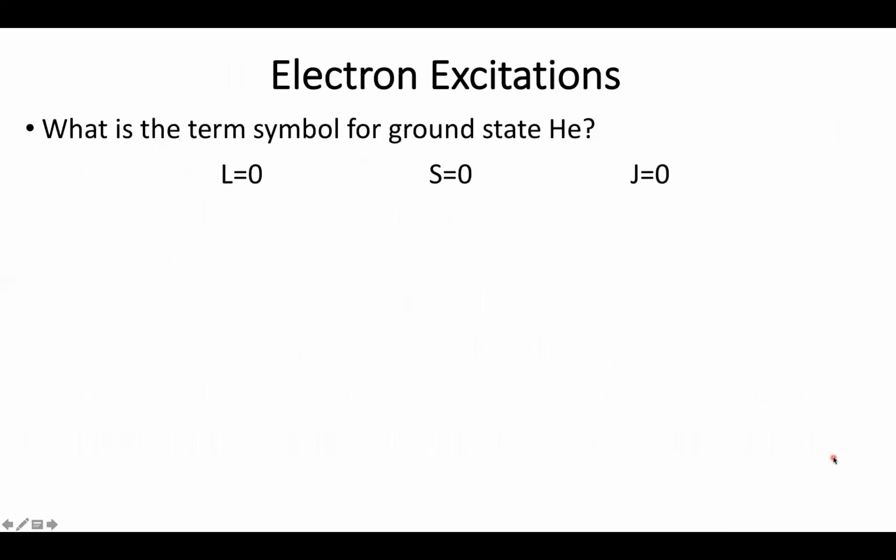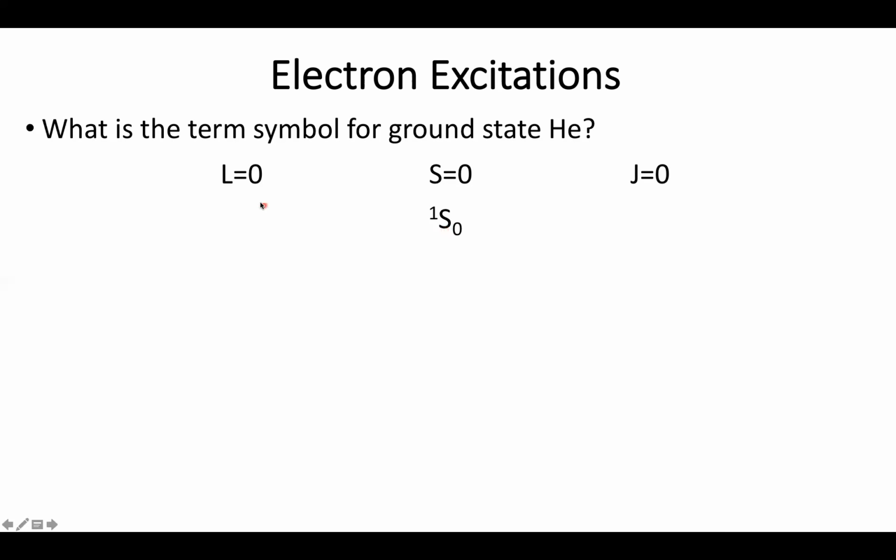So let's start with a relatively straightforward case. If I'm dealing with helium, what's going to be my ground state term symbol? In this case, I've got a full subshell, so L, S, and J will all equal 0, which gives me one of my close friends for term symbols, the singlet S. Then we have to ask the question, what states can this atom be excited into?